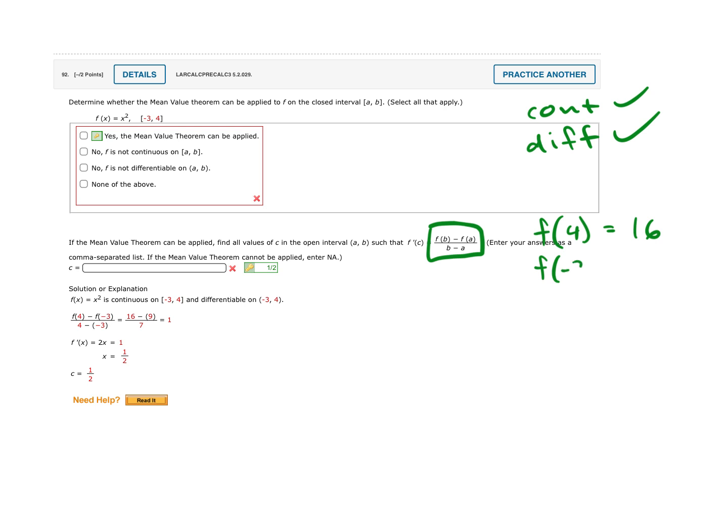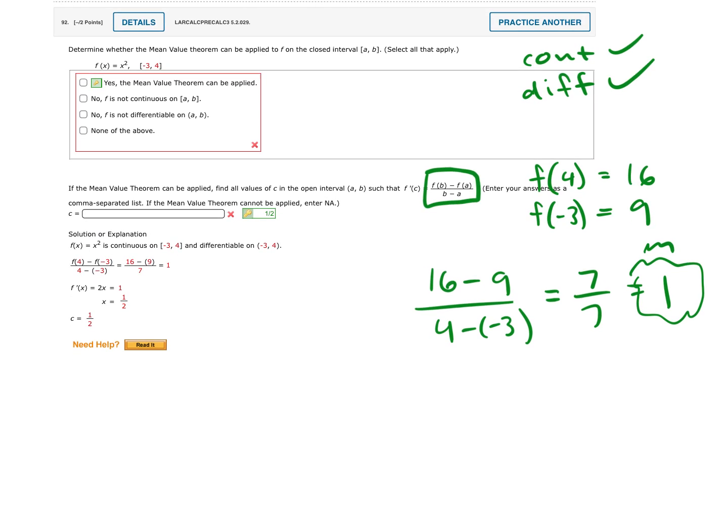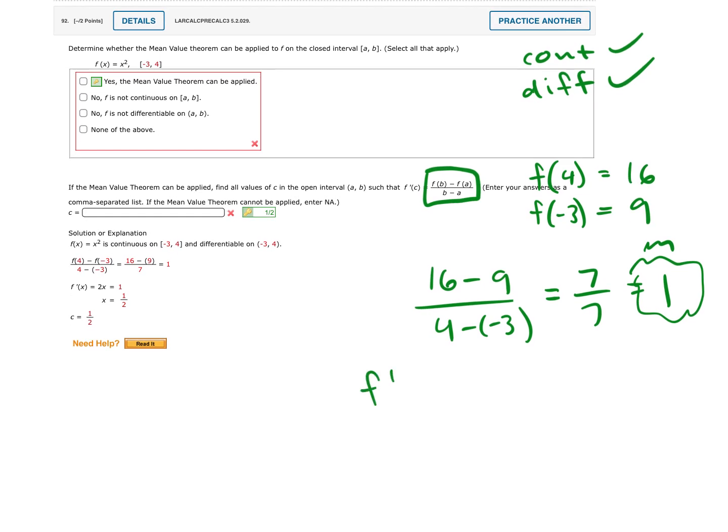F of negative 3 would give us 9. So 16 minus 9 over 4 minus negative 3 would be 7 over 7. So that's 1. So then we're going to take the slope and set that equal to our derivative. So our derivative is 2x. We set it equal to 1.